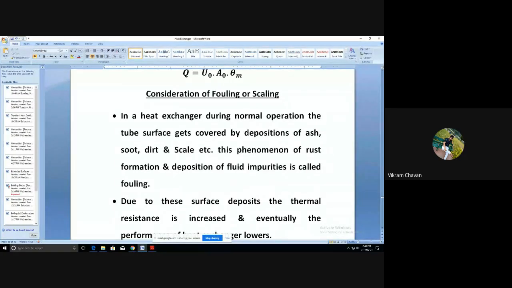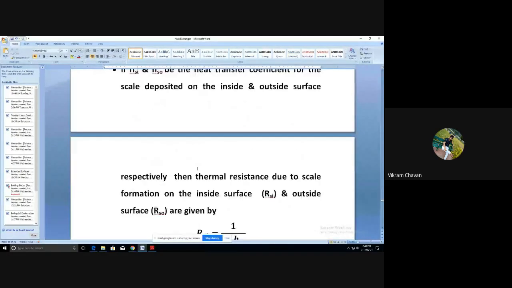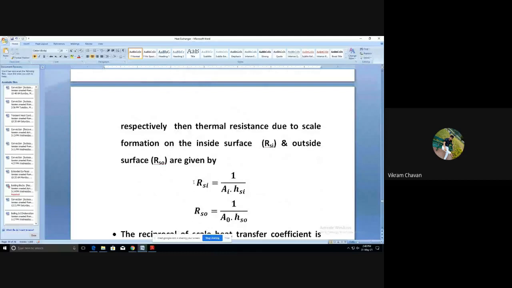And the resistance offered by that scale will be considered as R suffix si or R suffix so, where h suffix si is nothing but the equivalent heat transfer coefficient for the scale on the inner surface, and h suffix so is the equivalent heat transfer coefficient on the outer surface of the heat exchanger.